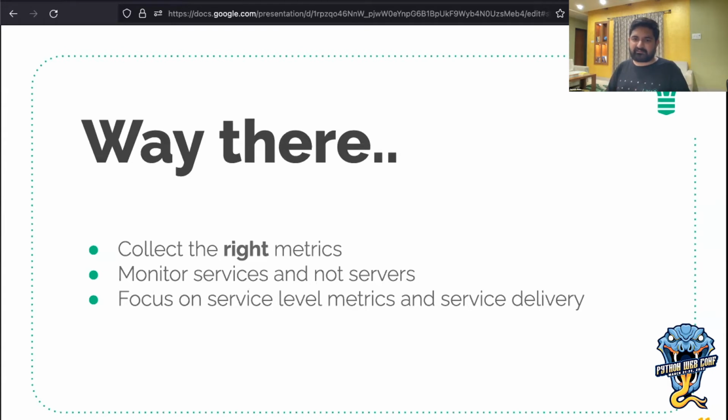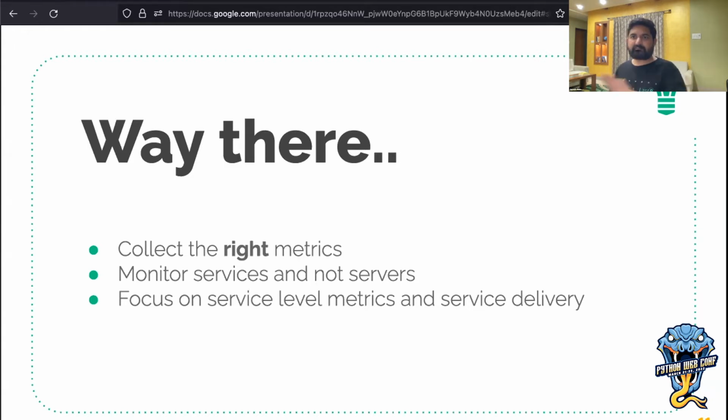There are always some availability zones, there are always some backup instances, even with Kubernetes, HA, and all the stuff going on. It's more of being impacted, and then the failures which are impacting the business itself. Focusing on service level metrics and service delivery will definitely improve the understanding of a system's behavior, and provide us a faster way to resolve the issues if anything happens.